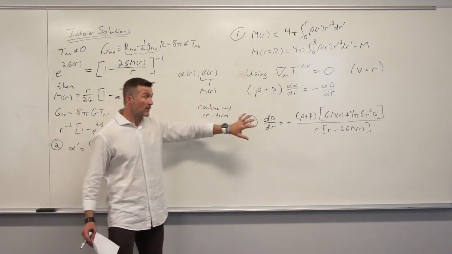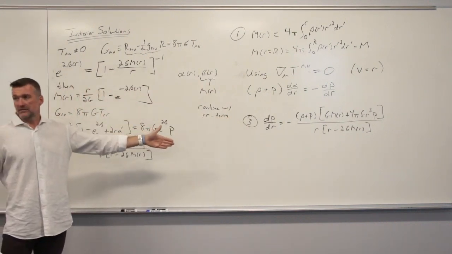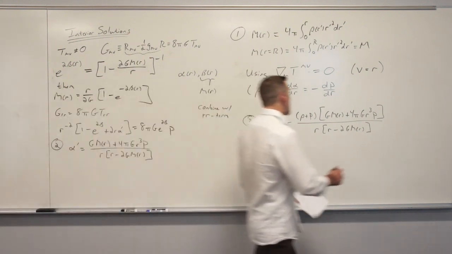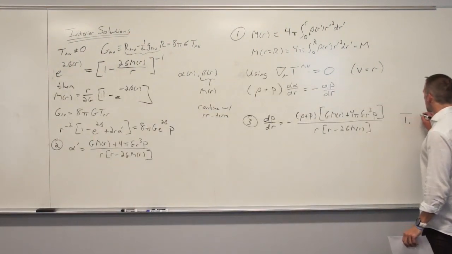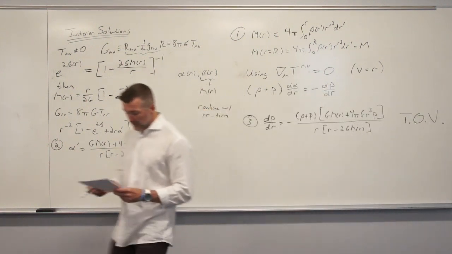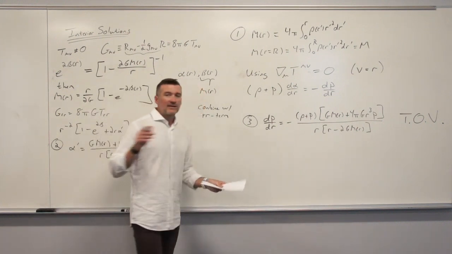Okay? So really and truthfully, these are all good tools. These 3 equations I can use to solve for the interior solution. I'm going to show you how to do that in a second. This guy is so famous he gets a name. He's called the Tolman-Oppenheimer-Volkoff equation. I'm not even going to bother spelling those because I'll get them wrong and it will run out of time.